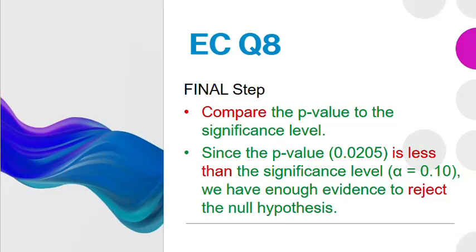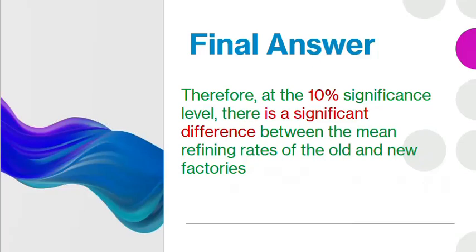We have enough evidence to reject the null hypothesis. For our final answer, we can conclude that at the 10% significance level, there is a significant difference between the mean refining rates of the old and the new factories.